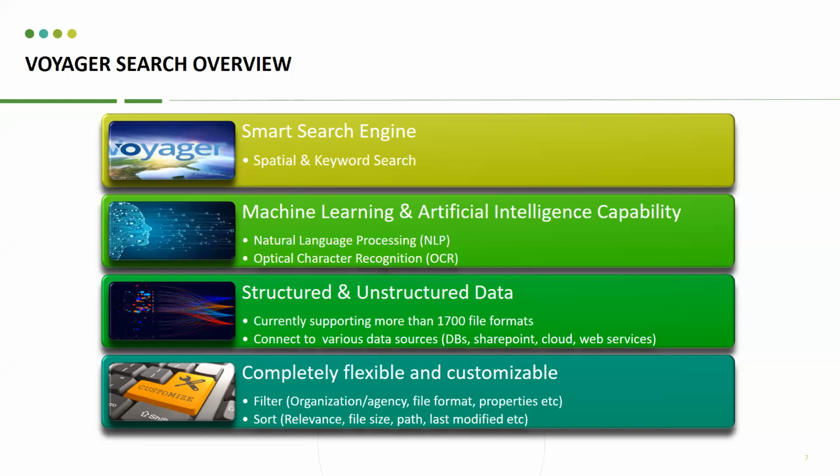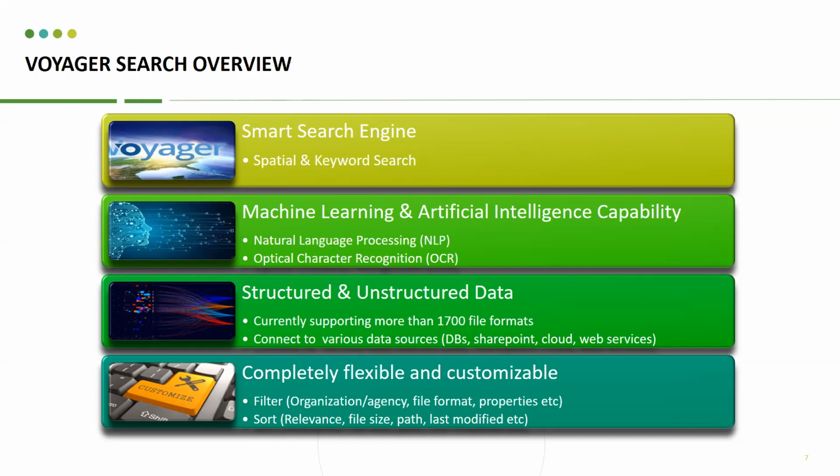Voyager is also equipped with machine learning and artificial intelligence capability, meaning that Voyager will not only read the metadata, but also the content of the file. Say, if it reads a Microsoft Word file, it will read the content, understand the meaning of the content and put it in perspective.